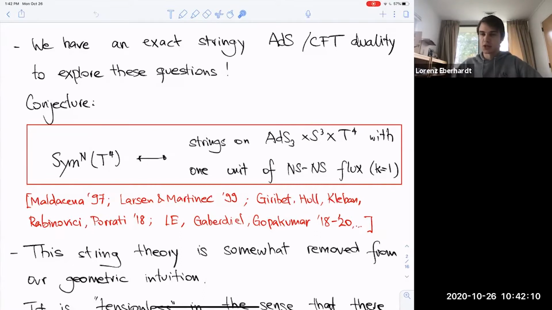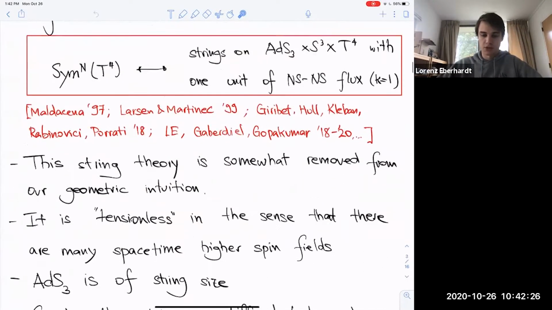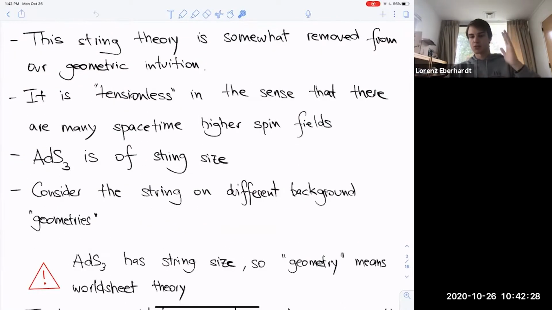With pure NS background, you can give a worldsheet CFT description of this string background. So at least within perturbative string theory, you can compute on this side too. So you can ask these questions. Okay, so that's nice because that's one correspondence where you can compute many things, contrary to, say, AdS5 times S5. But there's a price to pay.